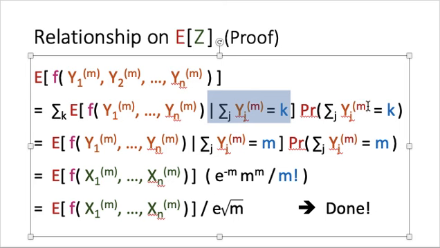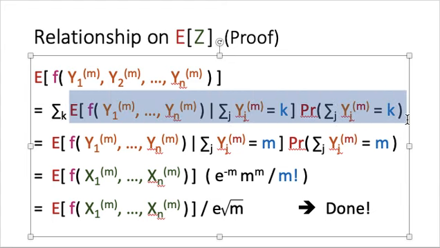Now notice that this function f, or this random variable, is non-negative. So the conditional expected value for each case is also non-negative. When we are summing up all the different k for this term, we are summing a lot of non-negative terms.